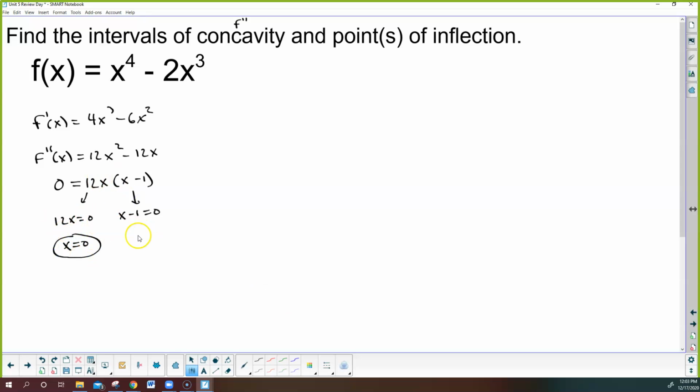And then we solve. Divide by 12, add 1. Now, these are potential points of inflection. I'm not going to call them points of inflection yet. We have to check the sign chart of the second derivative before I conclude if there's a sign change at those points. So we're going to go to 0 and 1.